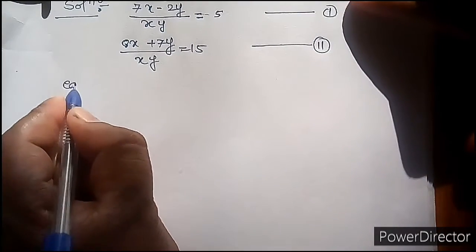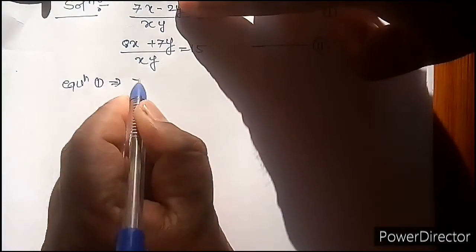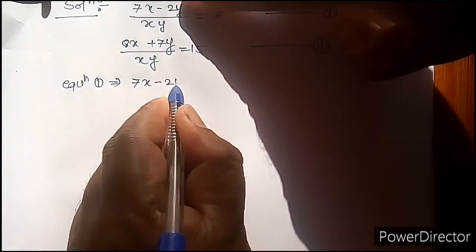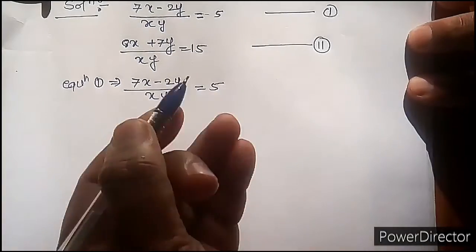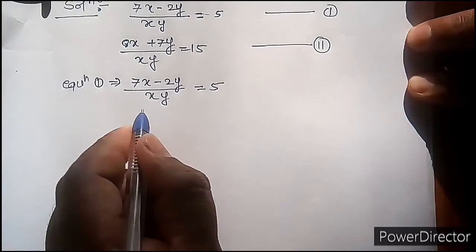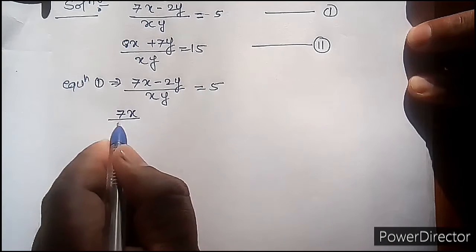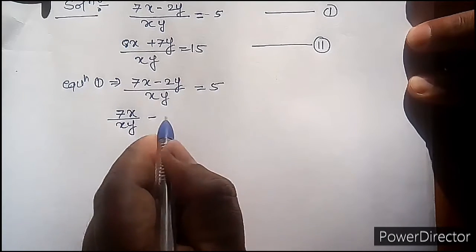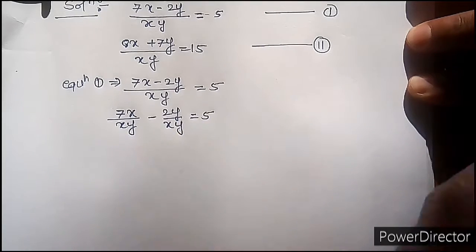Here equation 1 is (7x minus 2y) by xy equals 5. Write down here, and now we have to solve this equation number 1. By separating the denominator we get 7x by xy minus 2y by xy equals 5.